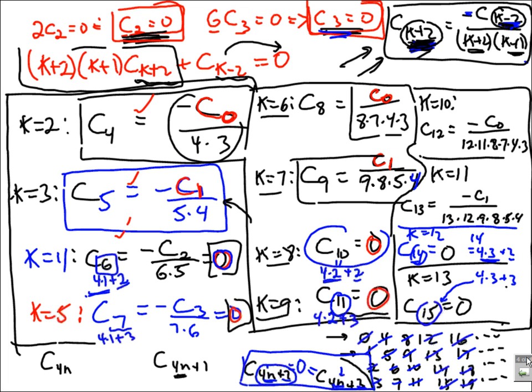C sub 47 will be 0. So that's good. Let me somehow sneak that in on top: c sub 4n plus 2 is equal to c sub 4n plus 3, which are always 0.